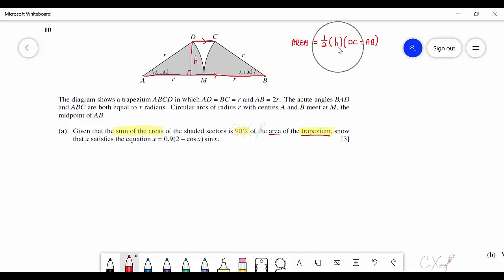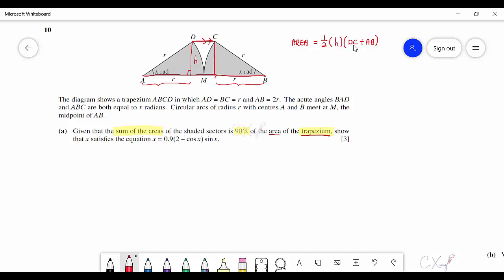You need to know what the height H is, and you also need to know the length of DC. To get DC, you should try to link it with AB minus this length and this length. If AB minus these two lengths, then you'll get the length of DC.